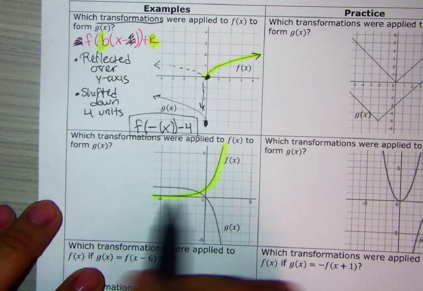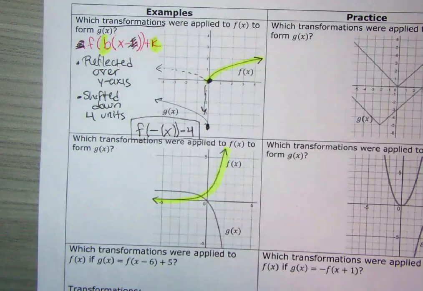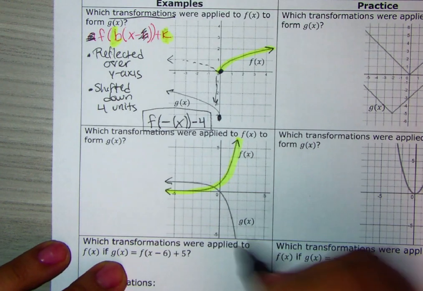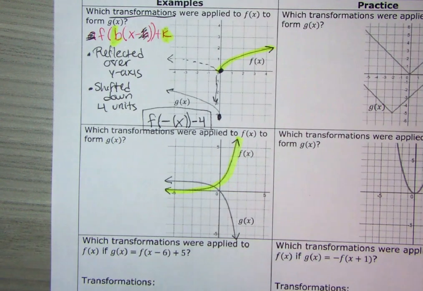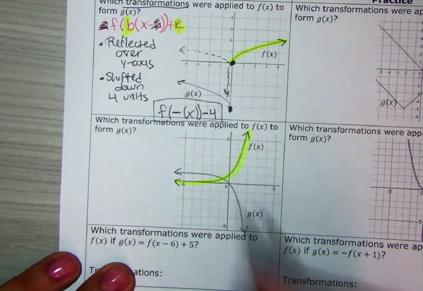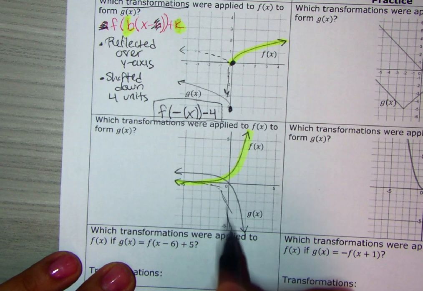So here we have a function that goes from left to right, going up. And then now the new one, it's from left to right going down. So it definitely reflected over the x-axis. So it just flipped over like this. And if it flipped over, it would look like it's down here.